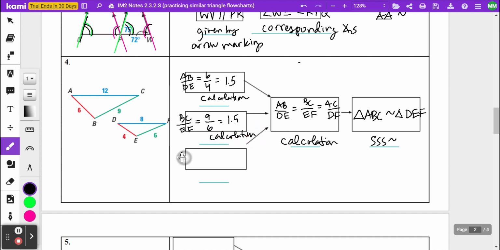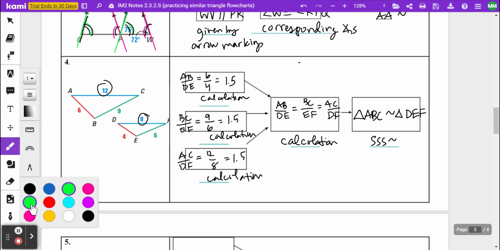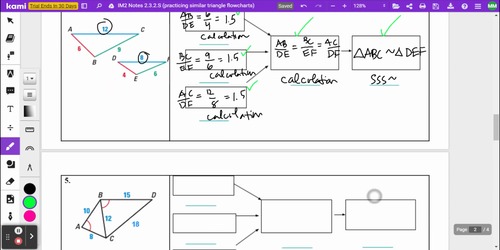Last but not least, AC over DF. That is 12 over 8, which is also 1.5 by calculation. Since all three of these have the same ratios, my proportion statement carries. So my proof is complete. Very good.